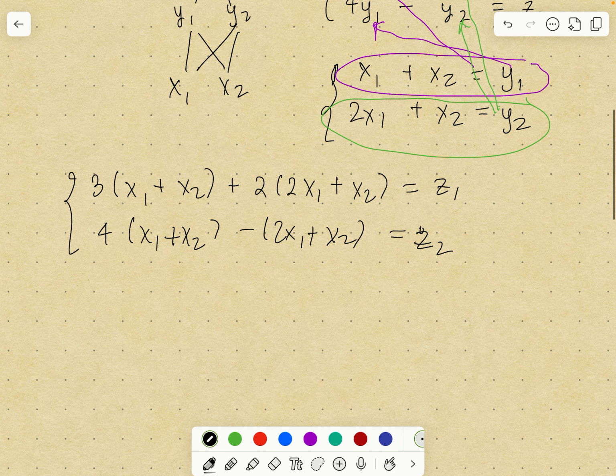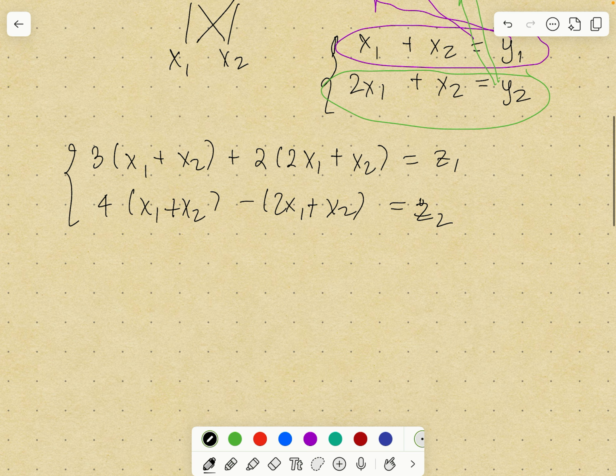So this expresses z1 and z2 in terms of x1 and x2. Let's simplify by combining the terms: z1 equals 7x1 plus 5x2, and z2 equals 2x1 plus 3x2.